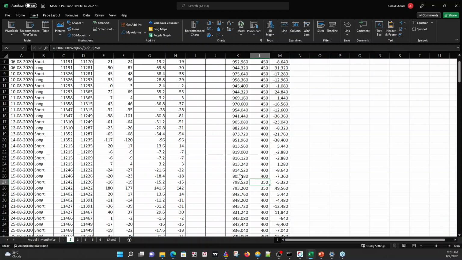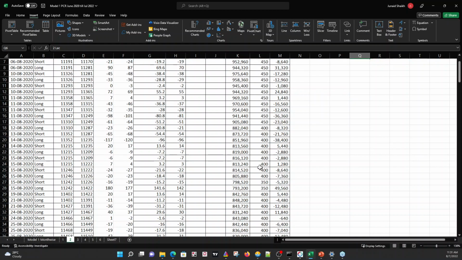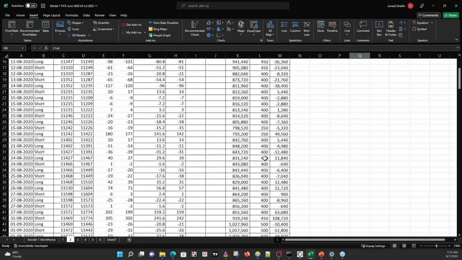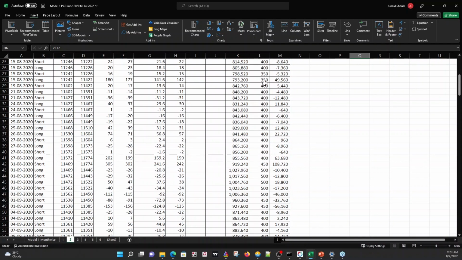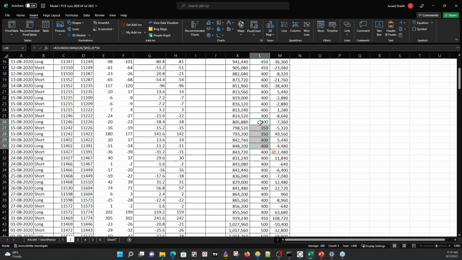Now what is the total loss that you have incurred here? 2 lakh rupees, right? And if the model goes further into the drawdown, you'll be reducing the position size further, even if it goes down to like 200.